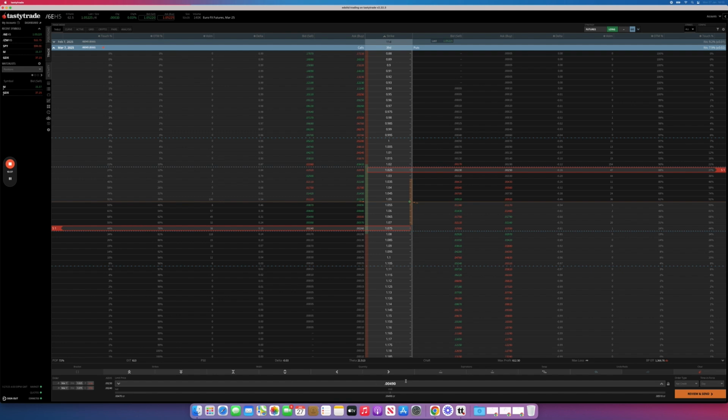So once this number has been multiplied out by the multiplier, we end up with this max profit figure here, $625. This is in dollar terms what you would collect in premium upfront, which would get added to your cash balance automatically as soon as your order gets filled. So we would collect $625 upfront on this position.